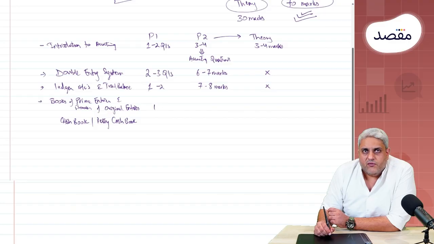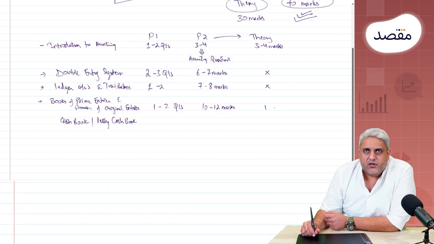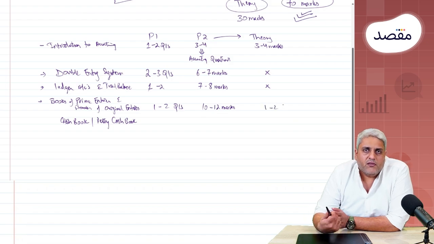So again, 1 to 2 questions, MCQs. If you're lucky, if you get cash book or petty cash book, 10 to 12 marks and maybe 1 or 2 marks in theory. That could relate to cash discount, trade discounts, differentiating between them. So that could actually work.